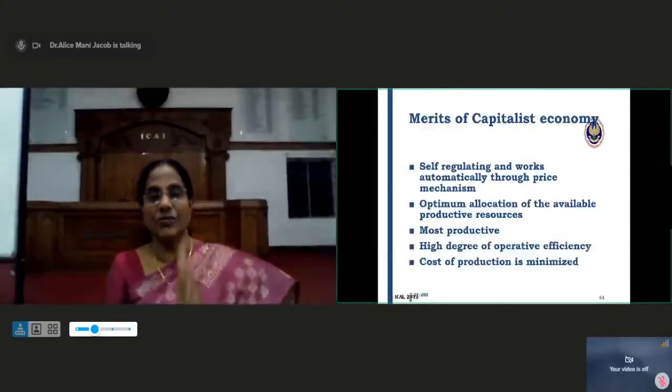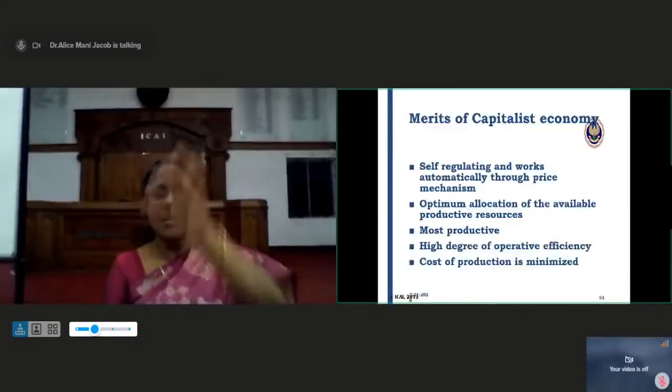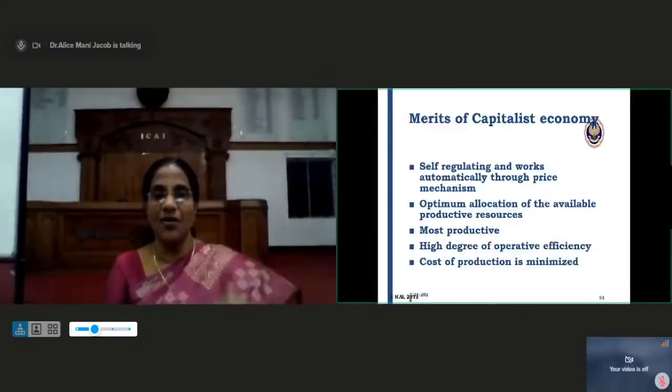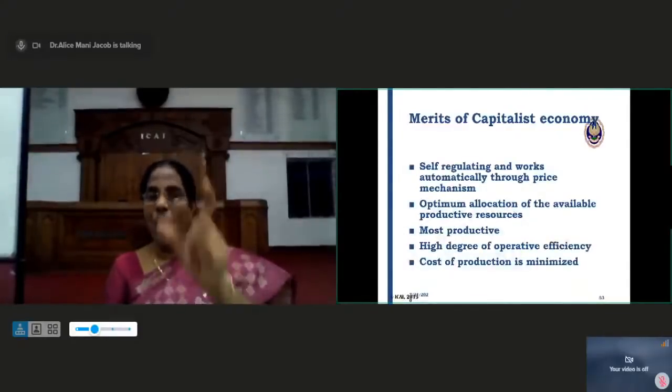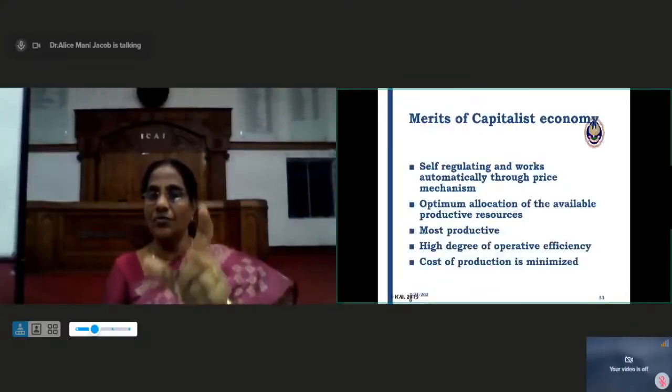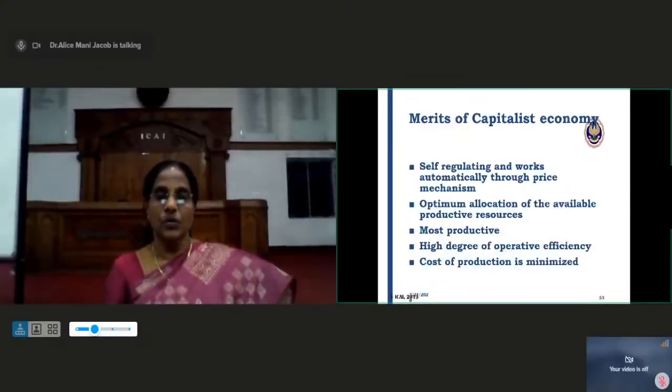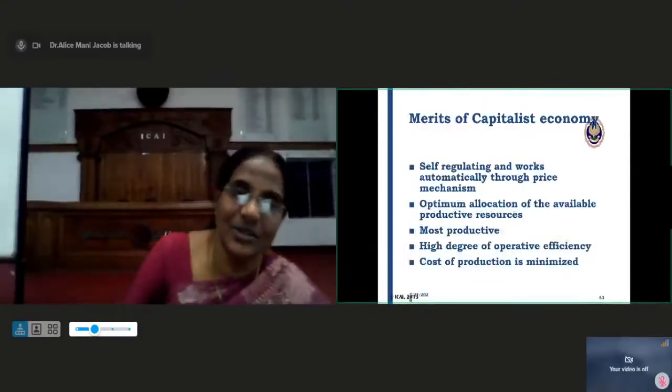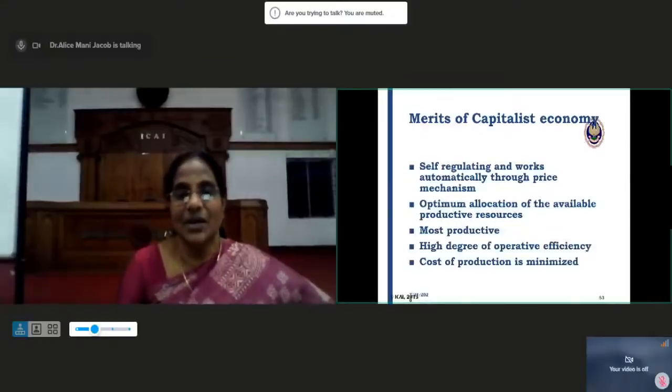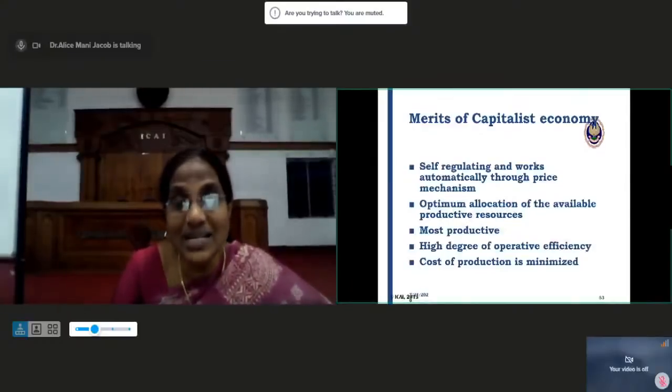Optimum allocation of resources. What is optimum allocation? The best allocation of available resources. For example, when you choose to do foundation, there is optimum allocation of your resource. Your money. The fees for chartered accountancy is nothing. It's very less, isn't it? You get free coaching, right?